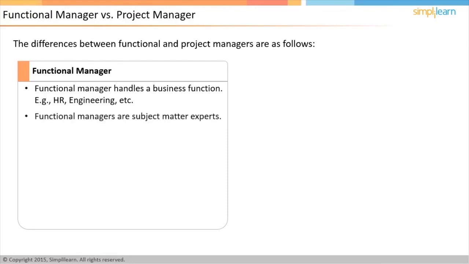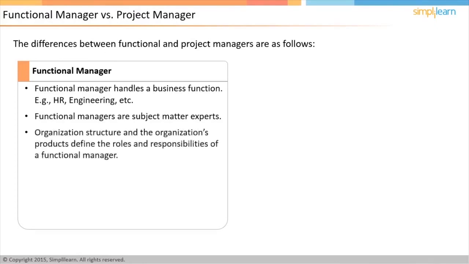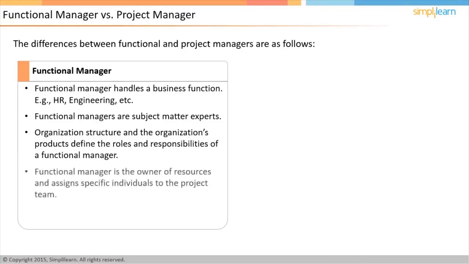Generally, a functional manager is also a subject matter expert. The roles and responsibilities of the functional manager depend upon the core business of the organization and overall organization structure. Functional managers normally own the resources and provide the projects with necessary resources. They also negotiate with the project manager regarding resources.